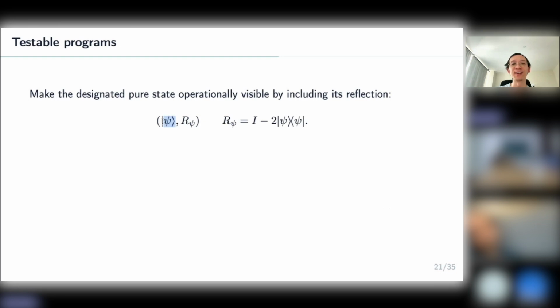The first program is just the quantum program as before that implements the supposed functionality. And in addition, we are also going to have a second program that allows you to reflect around this pure state.